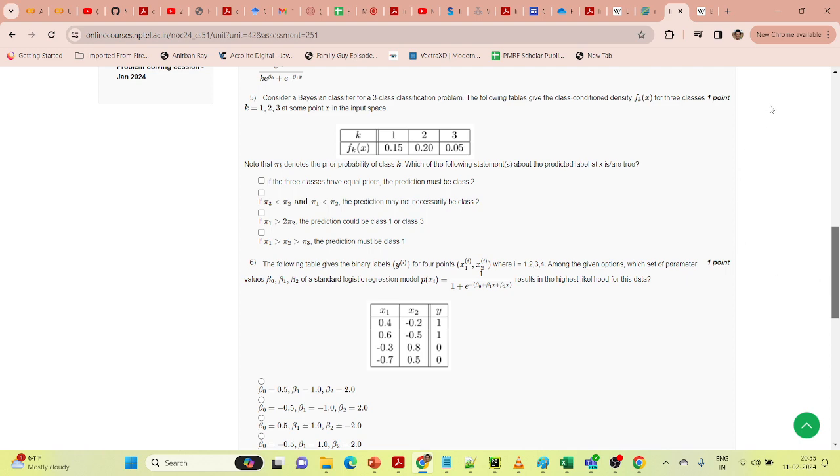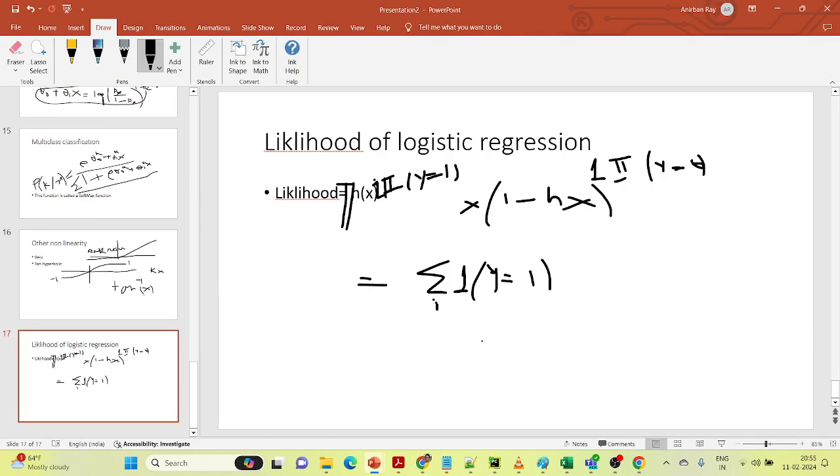So what happens in the case of 3 classes, meaning multiple-class problems, is that it can be written as the probability of one class, suppose k1, to the power y is k1, and like that p of k2 to the power y is k2, and continue till however many classes you have.